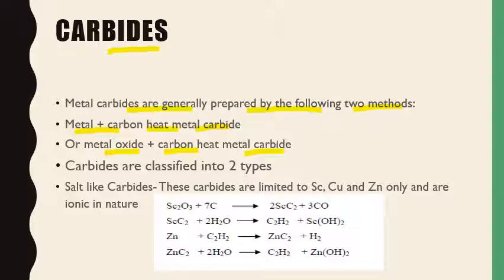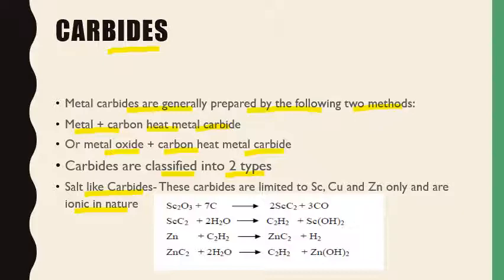Now, according to the nature of the metal carbides, we can classify the carbides into two types on the basis of their nature. One is salt-like carbide, which is ionic in nature. And the other one is the interstitial or metallic-like carbides.